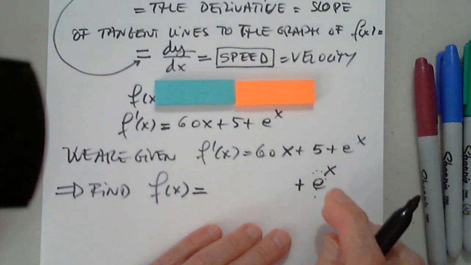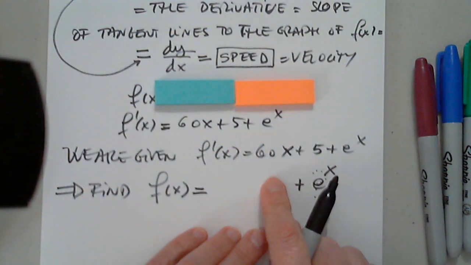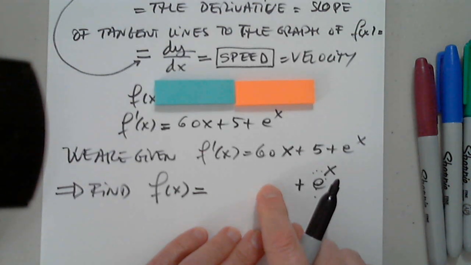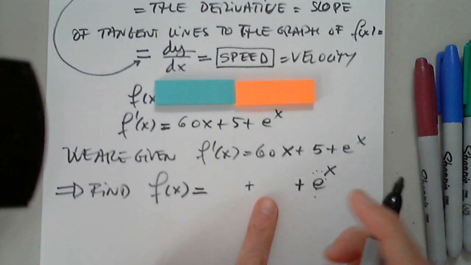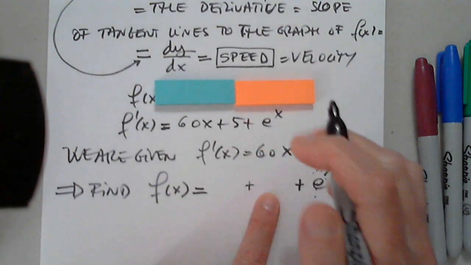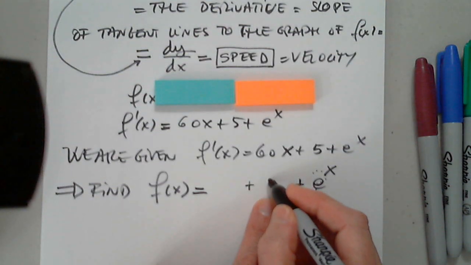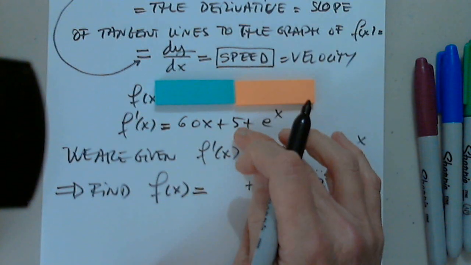E to the x, indeed. Perfect. Backwards now, for 5. Which function prime will be 5? What should I have here, so that when I differentiate it, I get 5? 5x. That's it. There is no other way. When I differentiate 5x, I get 5.